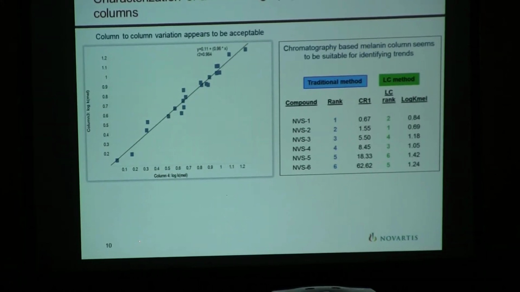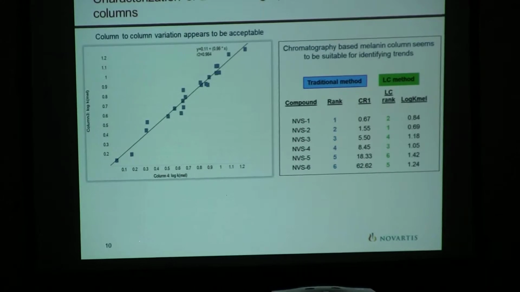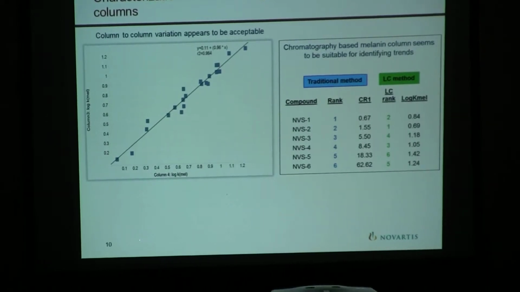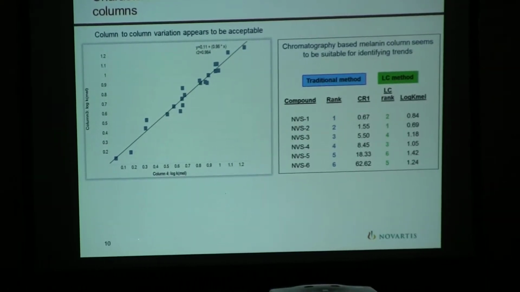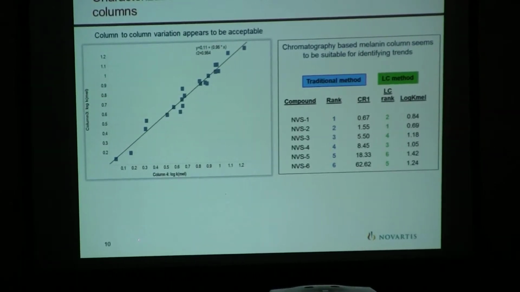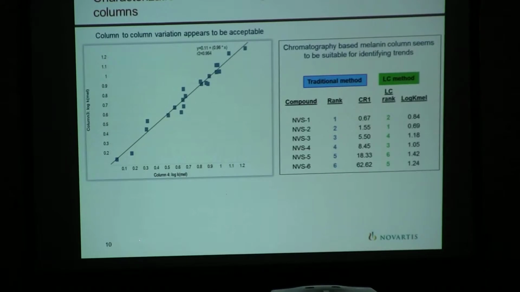But all we are trying to see at this point of drug discovery is just the trend, whether they have high affinity, medium affinity, or low affinity. So we are using very broad buckets to put the compounds in and rank order them. We felt pretty confident that at this early stage we can still use the high throughput technique, considering all the advantages it has to offer.